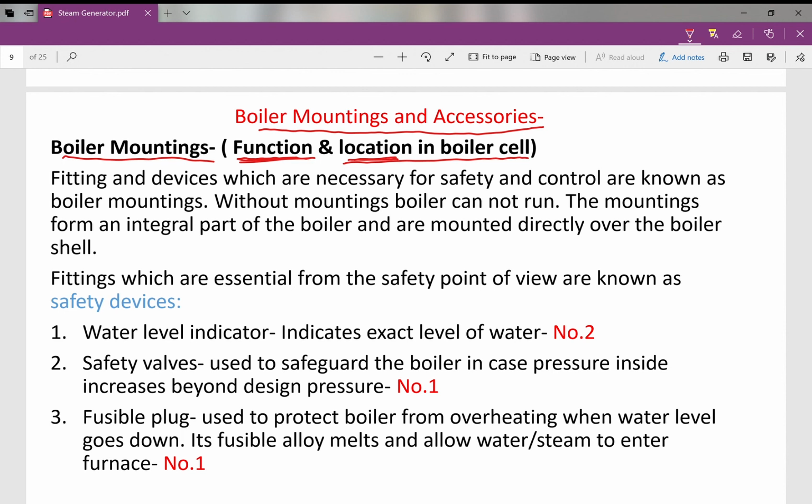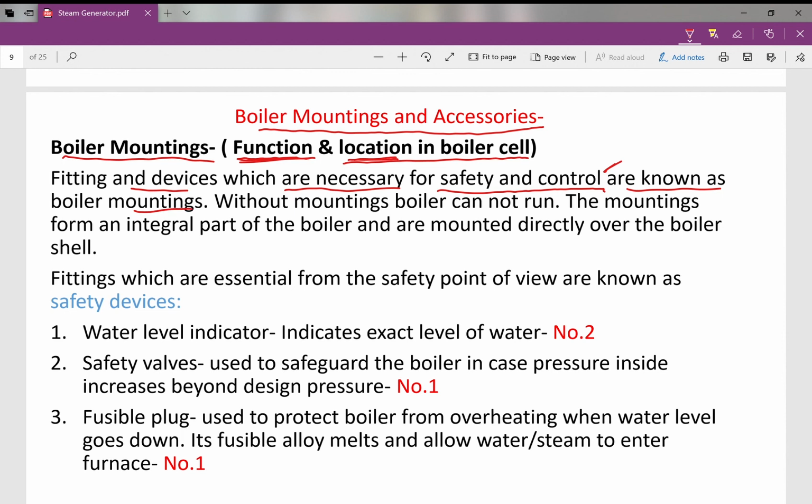These are the fittings and devices which are necessary for safety, control and maintenance. For safety, control and maintenance, these are known as boiler mountings.